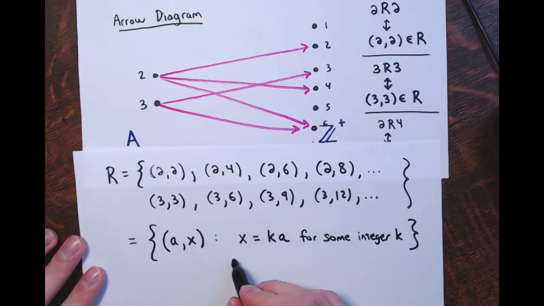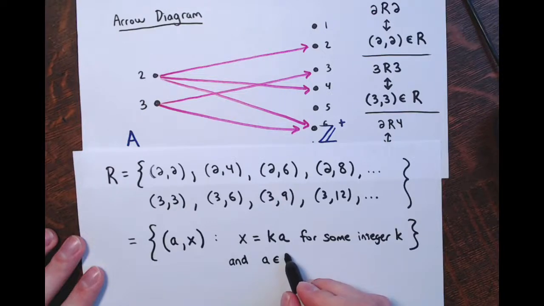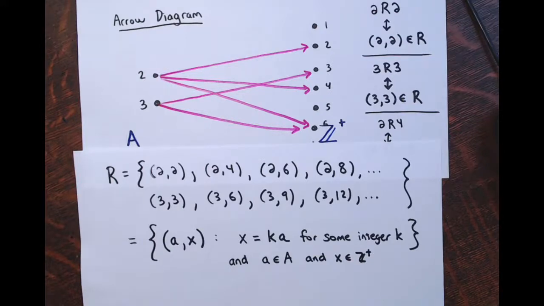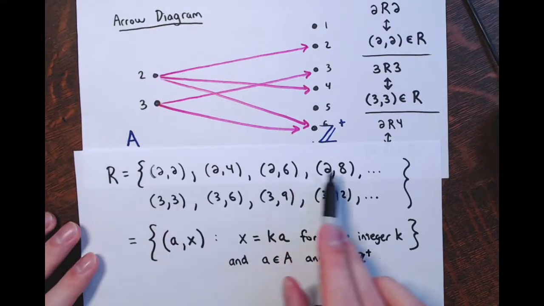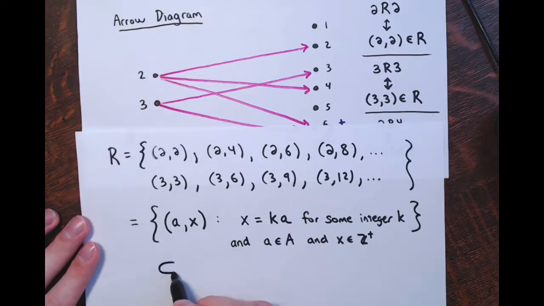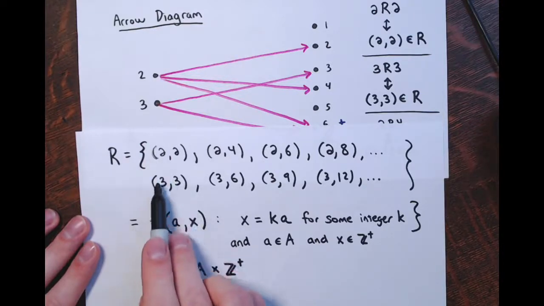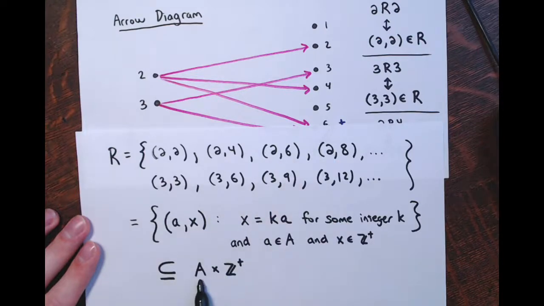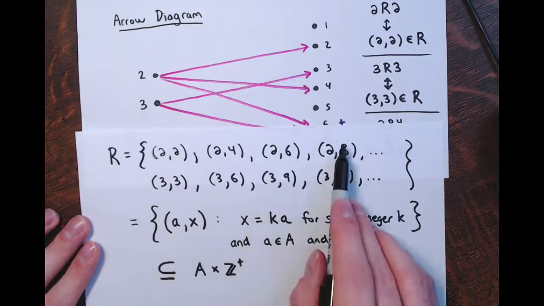I guess also a belongs to A, and x belongs to Z plus, but that's kind of assumed. And notice this is a subset of A cross Z plus. Every first coordinate of these ordered pairs is from A, and every second coordinate is some positive integer.